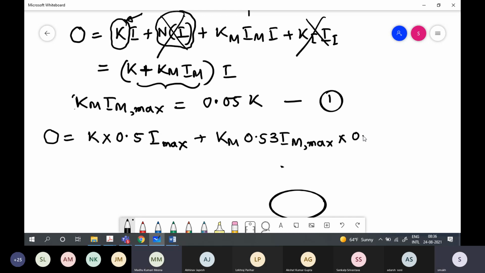Into 0.5 I max, that is I. This is now my maximum output in this situation. This term I know is 0.53 into 0.05 K, so that is 0.0265 K into 0.5 I max.